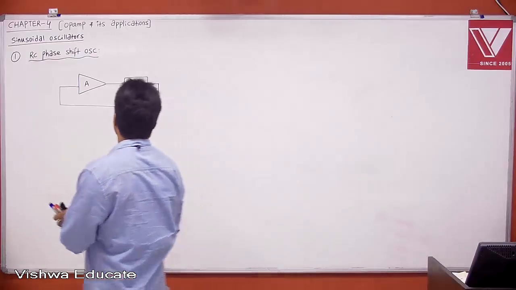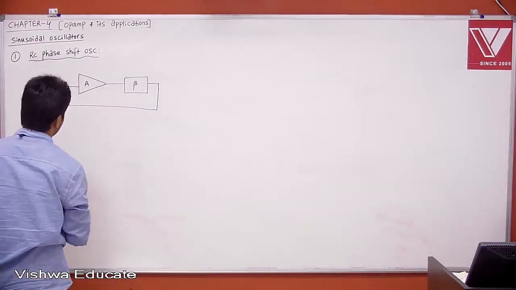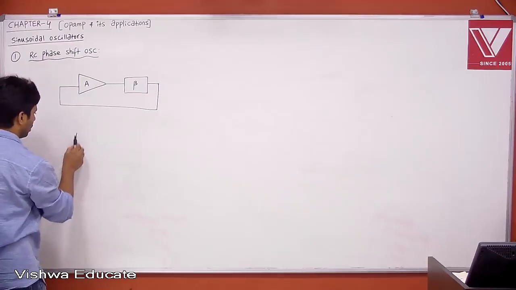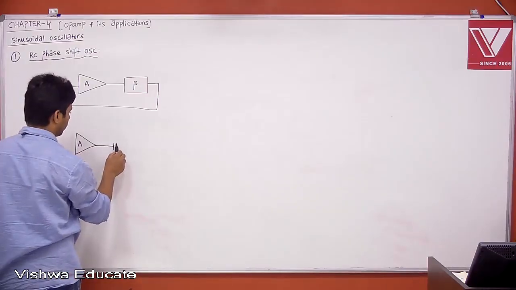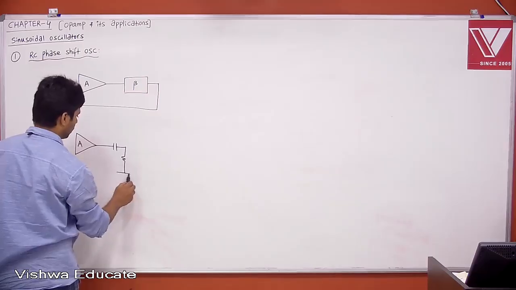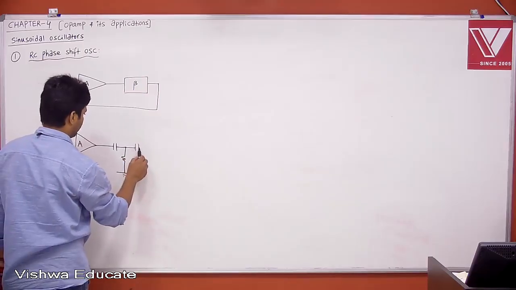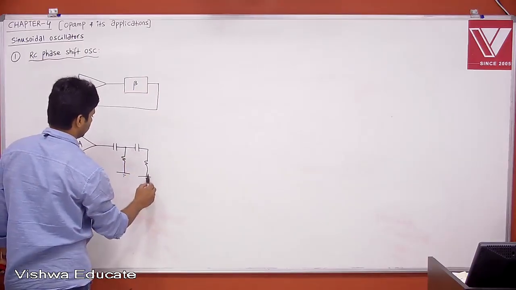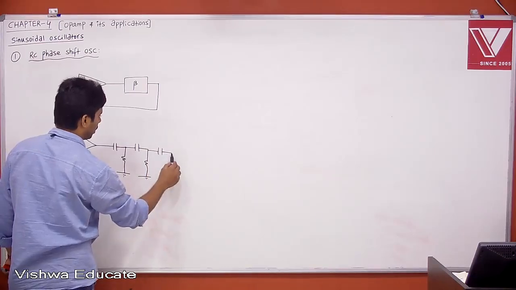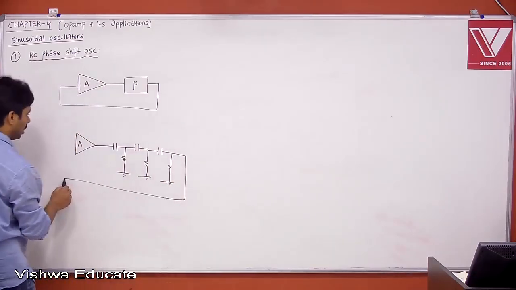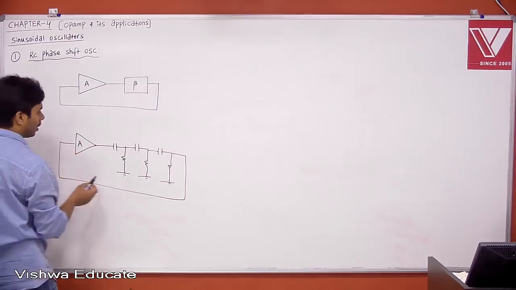Now, can I replace the circuit like this? This is your amplifier A. Now, this is your RC network. This output is taken and given to your open loop amplifier.